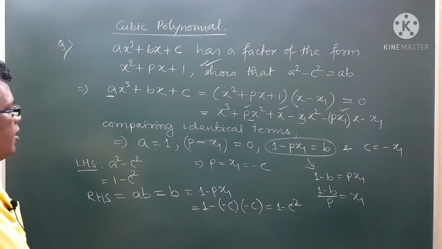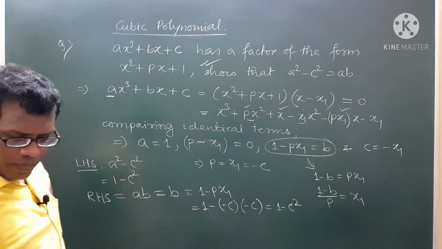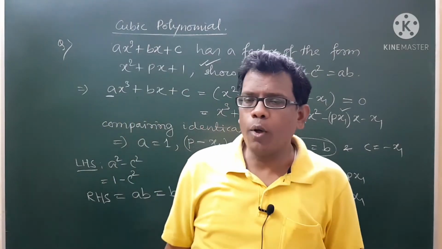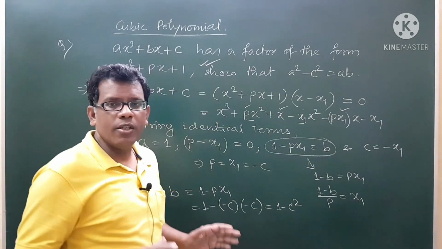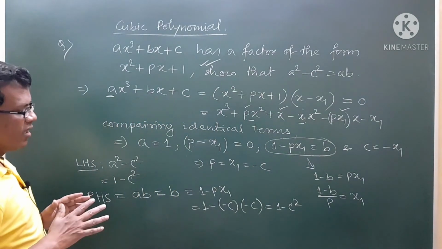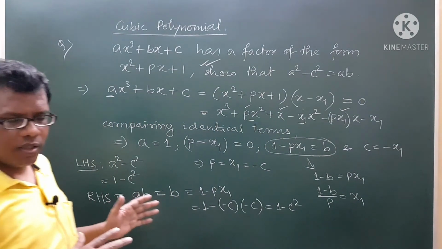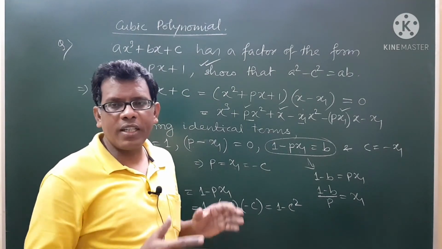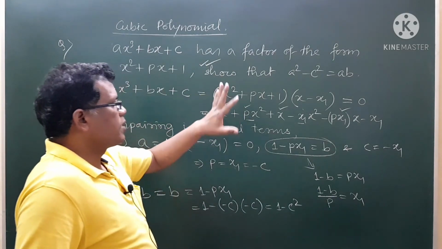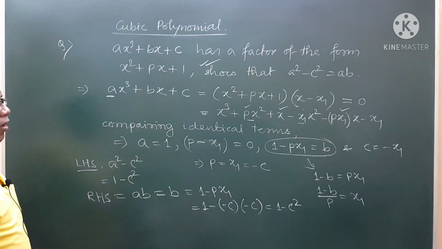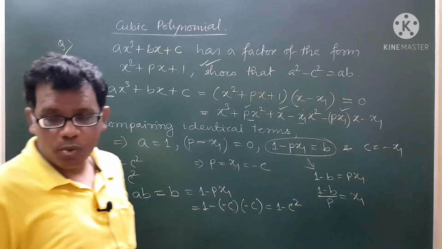So what we have done, we have used the basic theory that a polynomial of degree 3 must have either a product of three linear factors, or it can be one quadratic and one linear. So out of the permissible factors here, only one factor has been given, and that is quadratic.